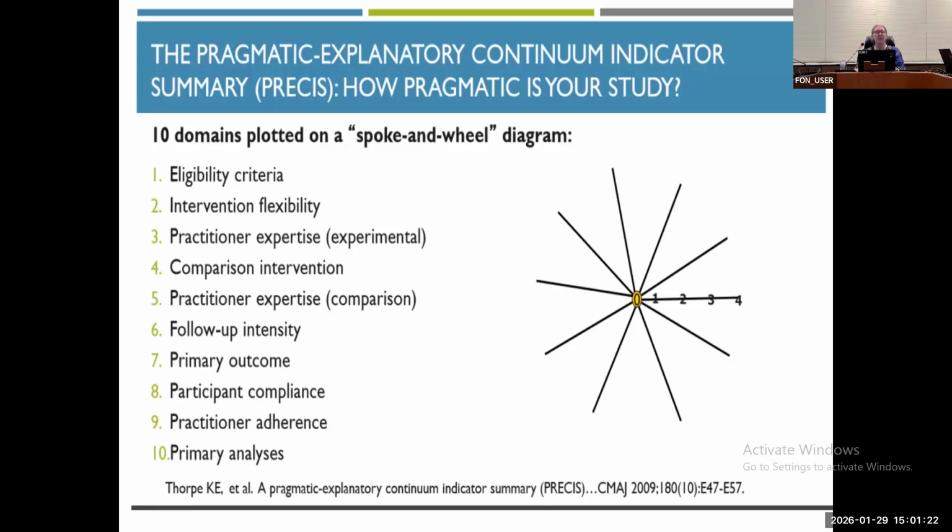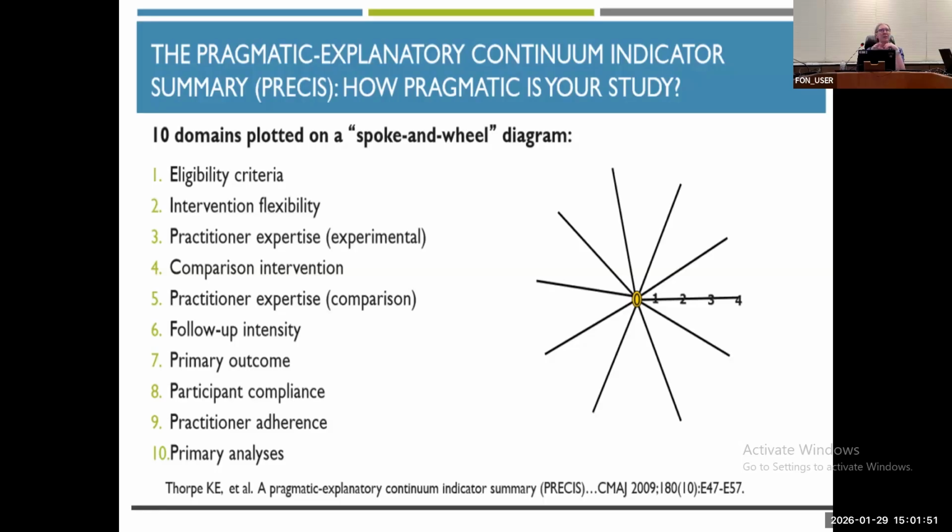The follow-up intensity, your primary outcome, your participant compliance, which would also be engagement, and the primary analysis.